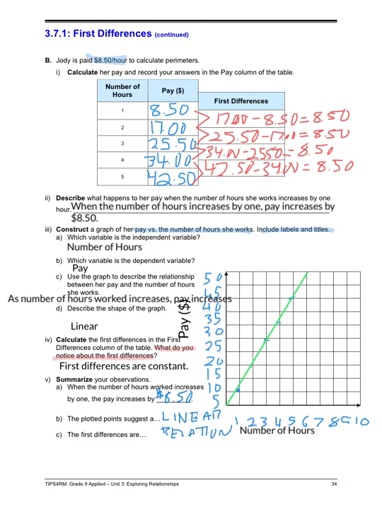And our first differences are constant. Alright, so just like before, I'd suggest you pause this video, make sure you have everything completed, and we'll move on to our last example for today.